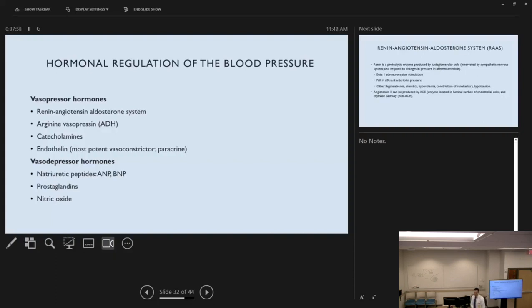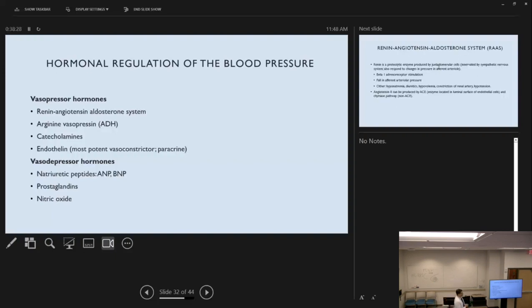So here we have the hormonal part: renin, angiotensin, aldosterone. The ADHs, we have already mentioned many of them. Now we have a couple of chemicals that we haven't mentioned yet. For example, endothelin, which is the most powerful vasoconstrictor that we have in the body.